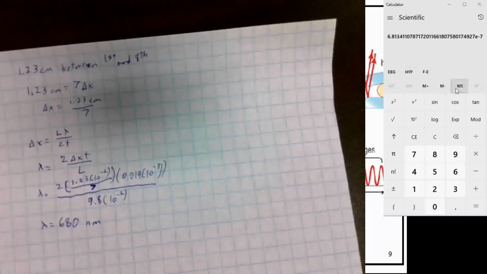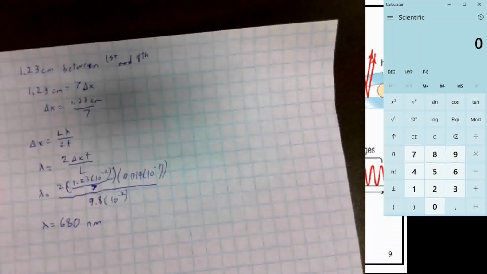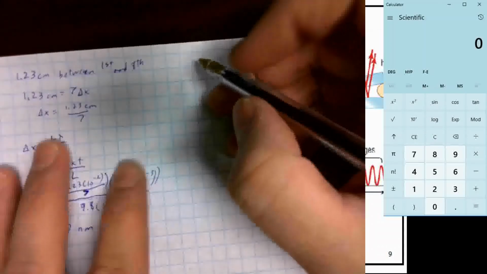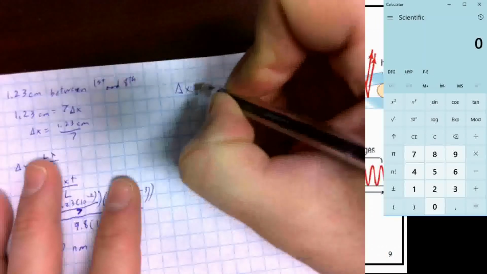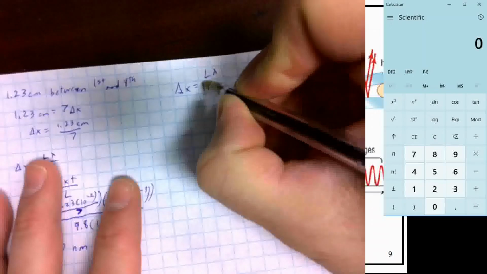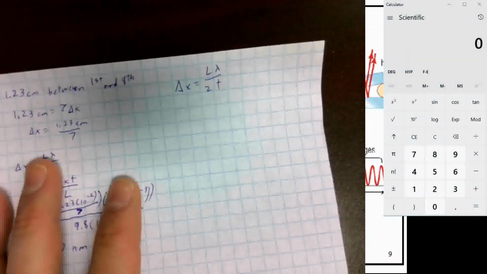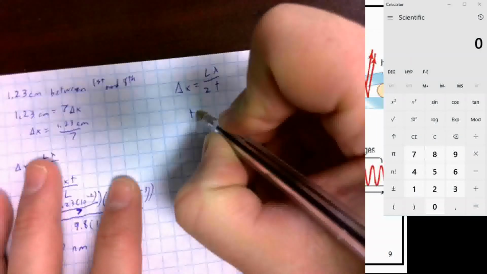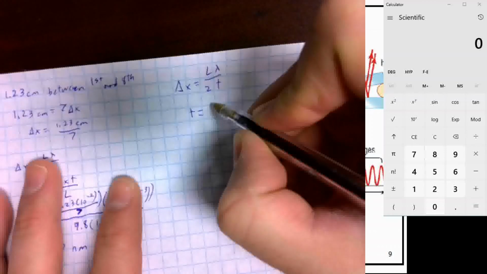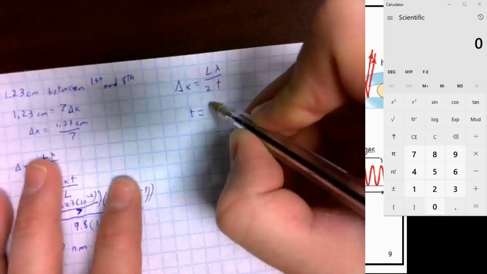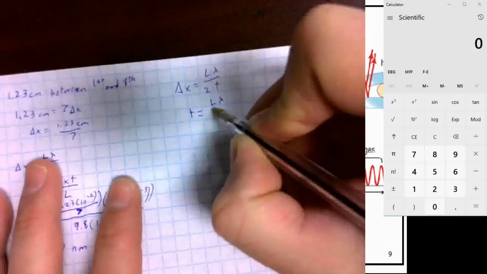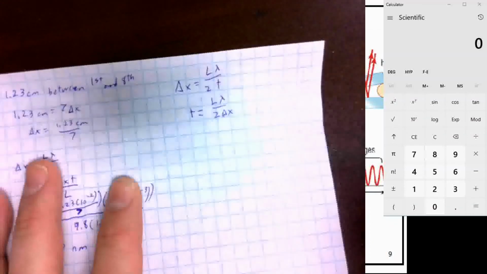Let me clear this out, and we're starting with this equation here. Delta x equals L lambda over 2t, and we're asked to find the thickness t. So to rearrange this, I end up with t equals L lambda over 2 delta x.